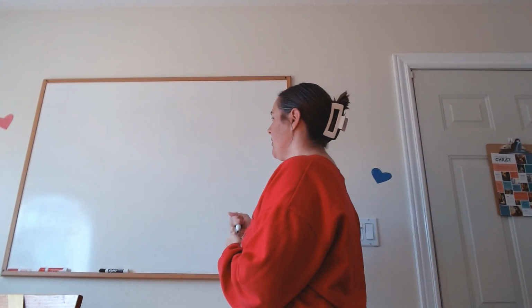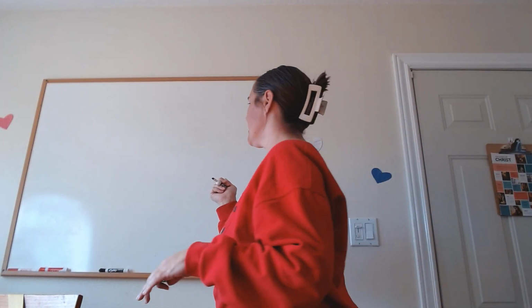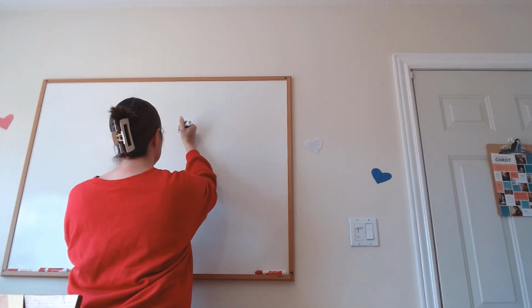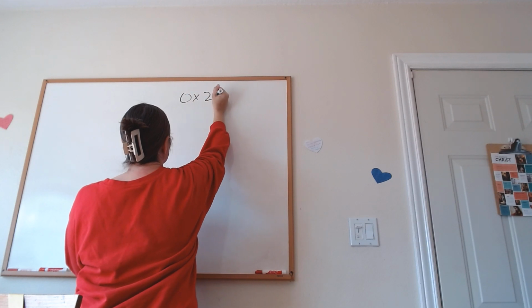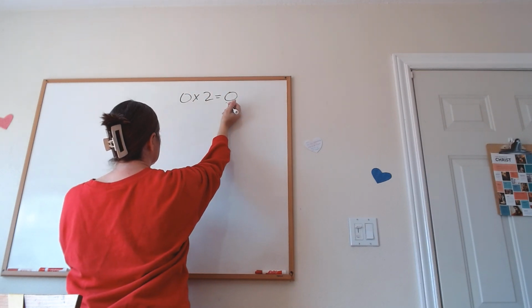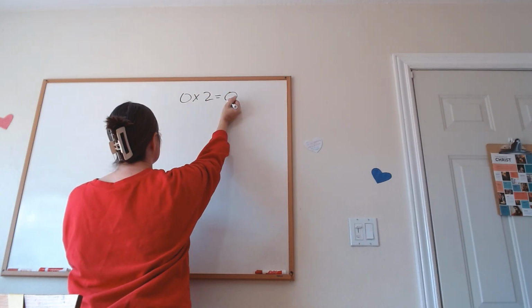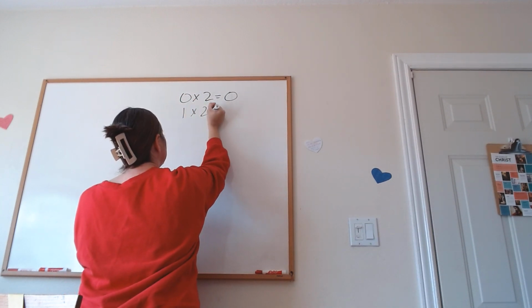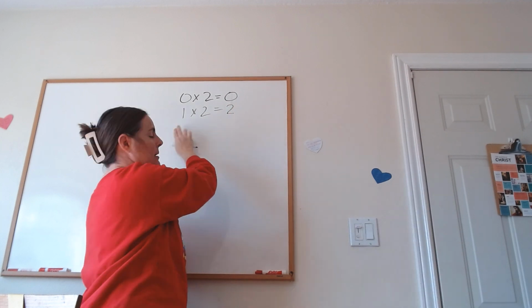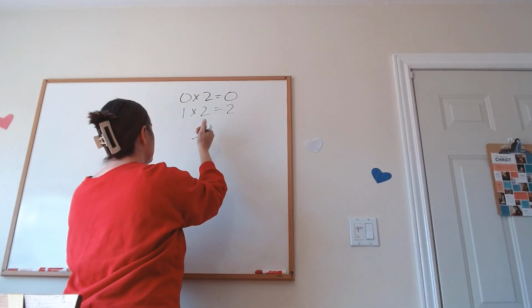The third thing to remember when you're multiplying is that we don't want to just memorize them. We want to think of it as addition. So like when we do 2's, we know 0 times 2 is going to equal 0, because anything times 0 is 0. 1 times 2 will be 2, because anything times 1 will be itself.